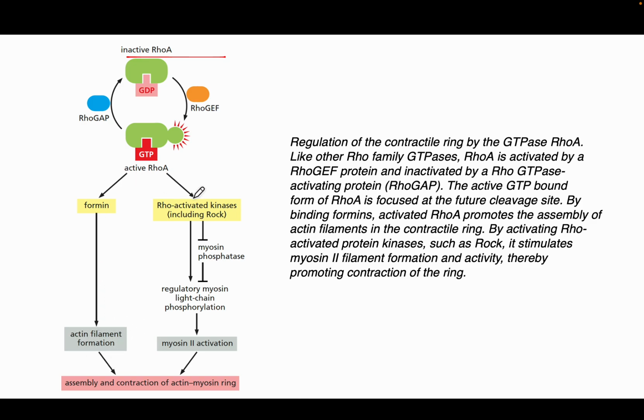And by activating Rho-activated protein kinases such as ROCK, it stimulates myosin 2 filament formation and activity. So when RhoA activates Rho-activated kinases including ROCK, it induces regulatory myosin light chain phosphorylation, and that subsequently promotes myosin 2 activation and moreover helps in assembly and contraction of actin-myosin rings.